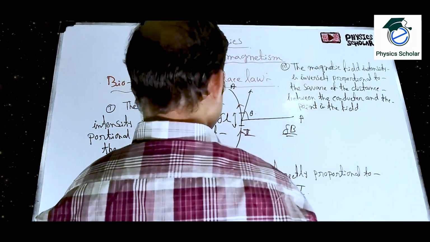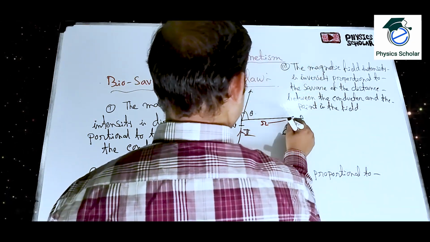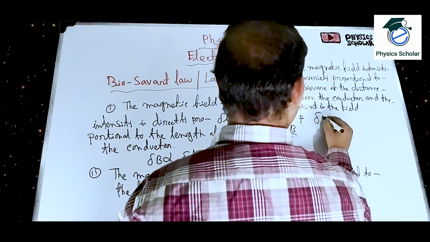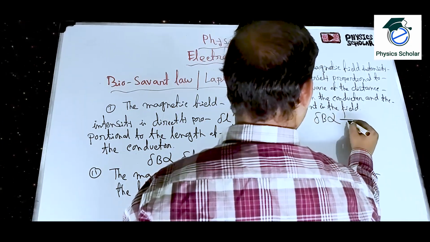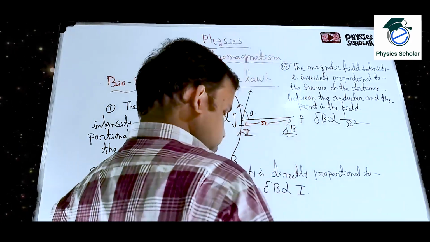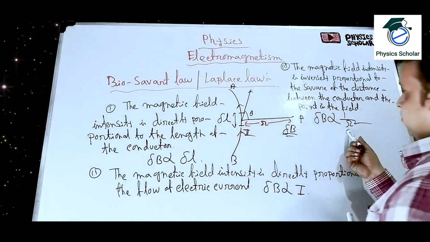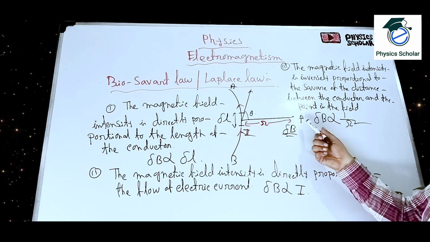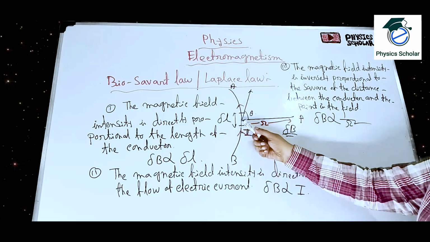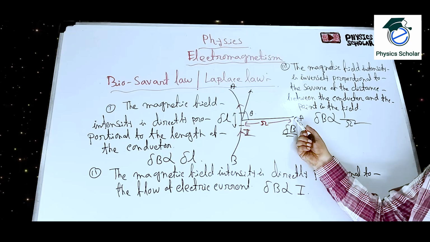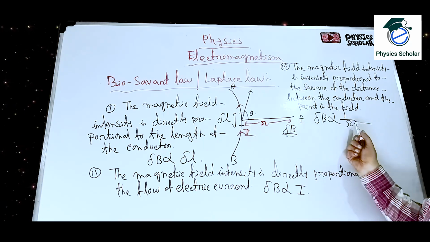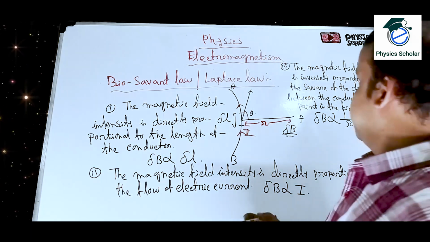That means suppose this distance is r, then what can we write? Delta B is inversely proportional to the distance squared. Clear? So the magnetic field intensity is inversely proportional to the distance between the conductor and the point in the field, or inside the field. So delta B is proportional to 1 by r square.